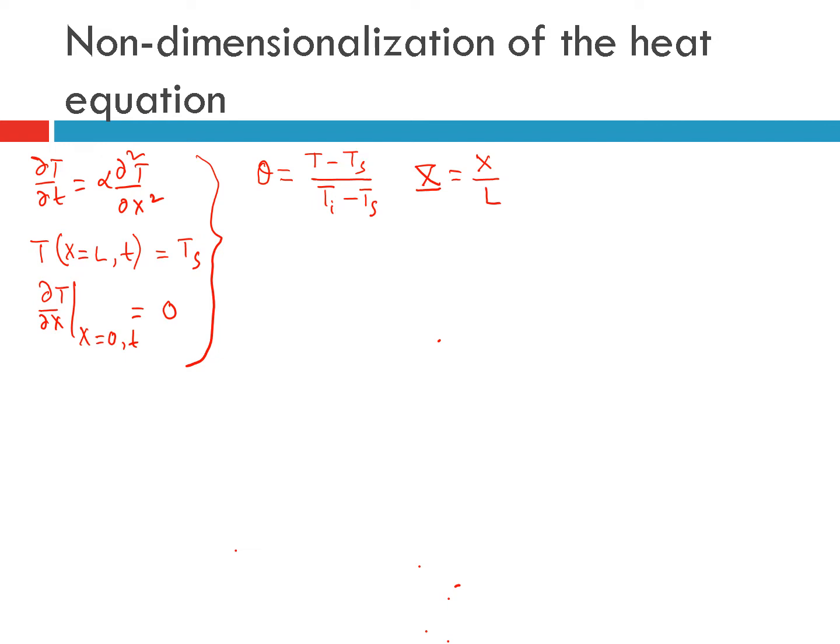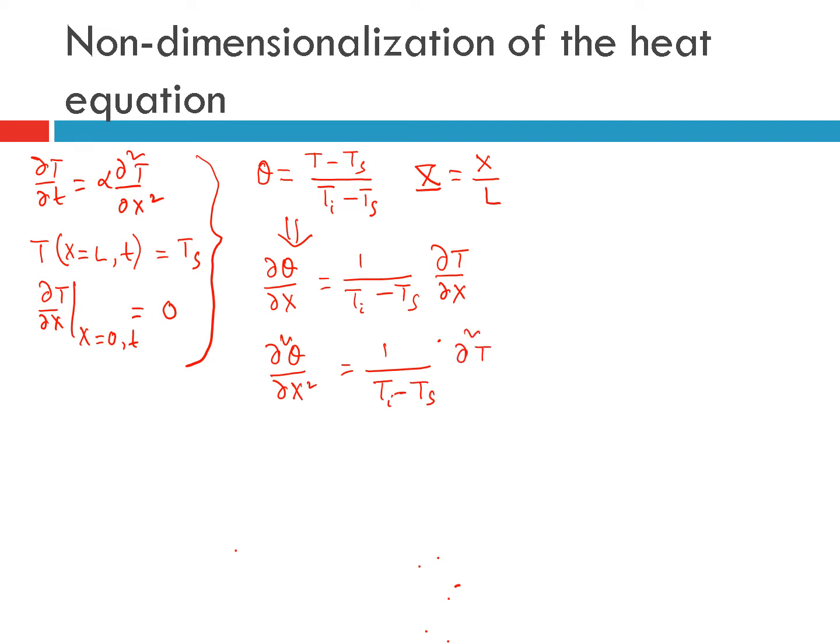You notice from above, del theta del x is equal to 1 over Ti minus Ts del T del x. And so del square theta del x square is equal to 1 over Ti minus Ts del square T del x square. This is because the Ti minus Ts is a constant.